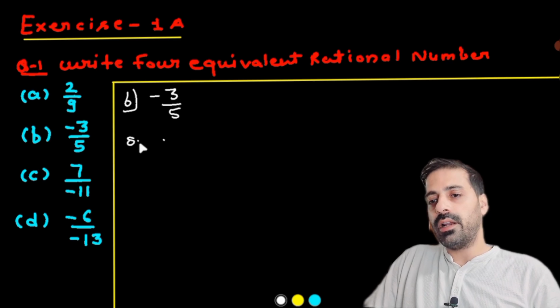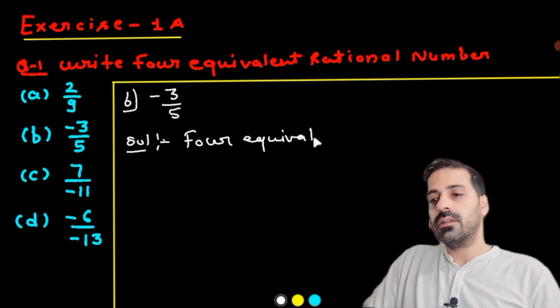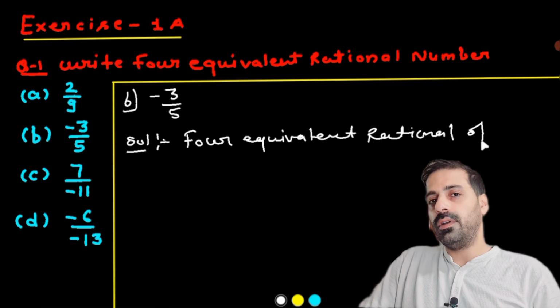So again I write here the solution. We write 4 equivalent rational numbers of negative 3 upon 5.